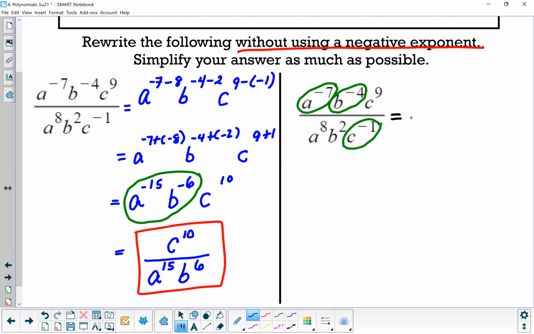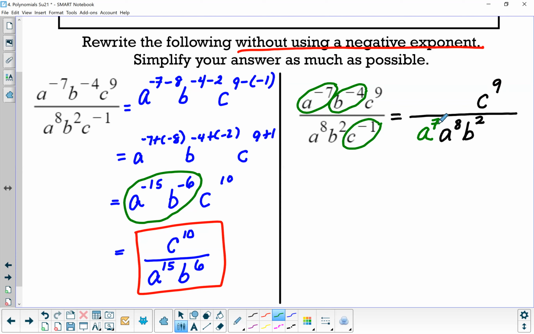So in my numerator right now, c to the 9th is going to remain unchanged. In the denominator, a to the 8th and b squared are going to remain unchanged. But a to the negative 7 that was in the numerator is now a to the 7th in the denominator.